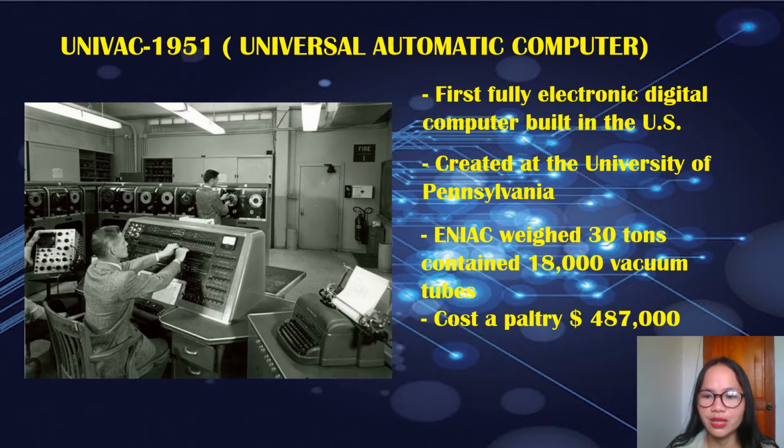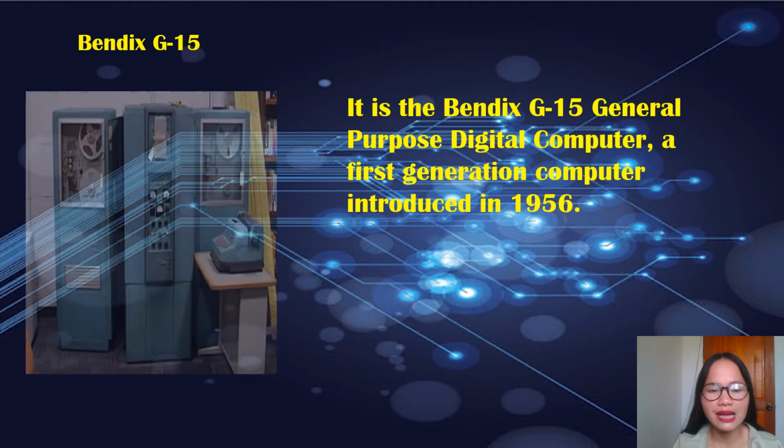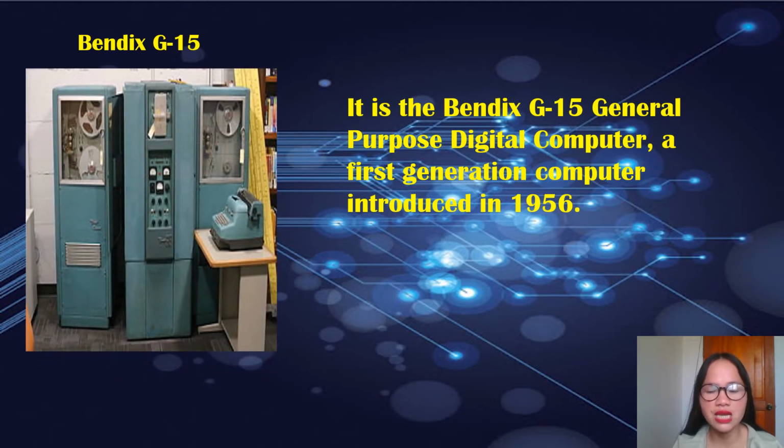ENIAC weighed 30 tons, contained 18,000 vacuum tubes, and it cost a paltry $487,000. Lastly is the Bendix G15. It is a general-purpose digital computer, and it is a first-generation computer introduced in 1956.